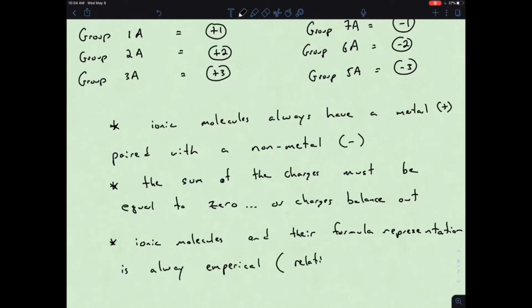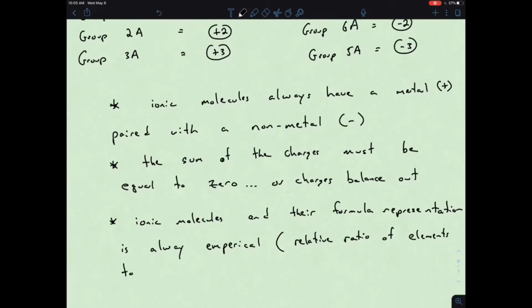That's just the relative ratio of elements to one another in a molecule. So we have these 3 different points that we have to be concerned about with naming and then putting molecules together if we're actually given the name.